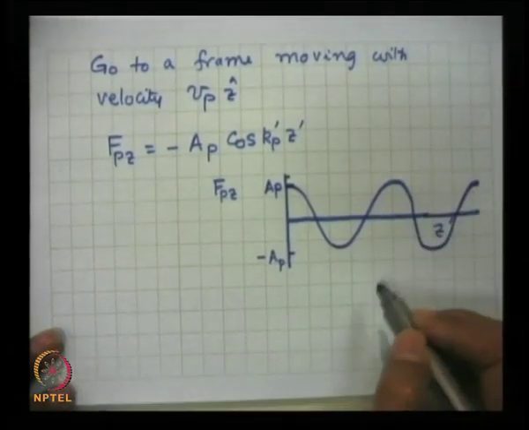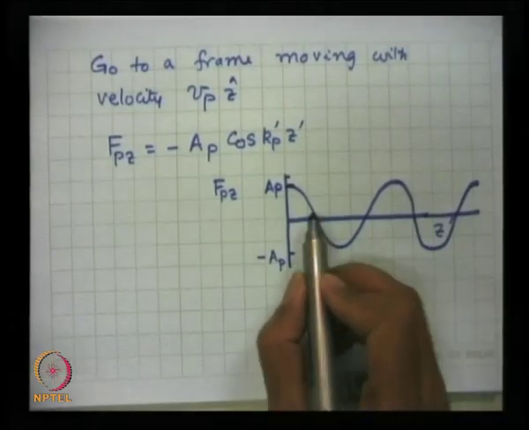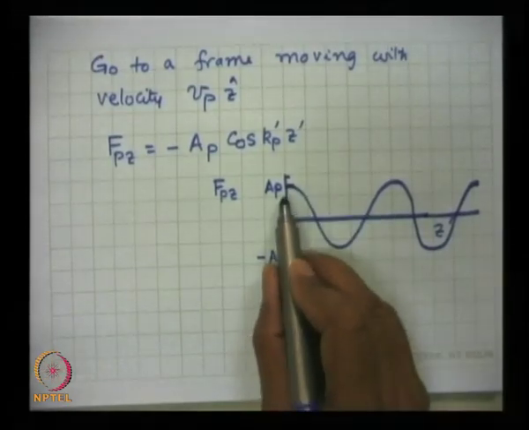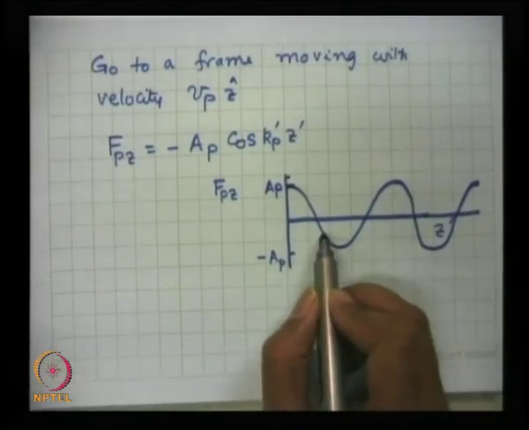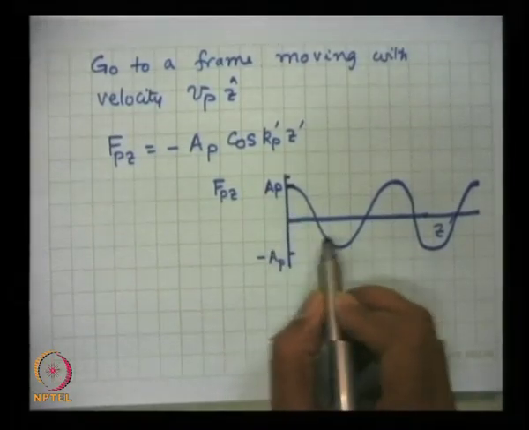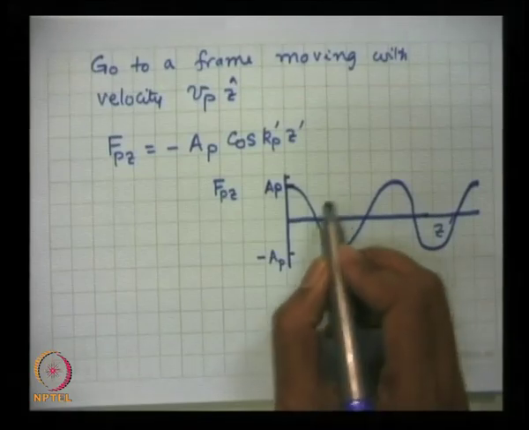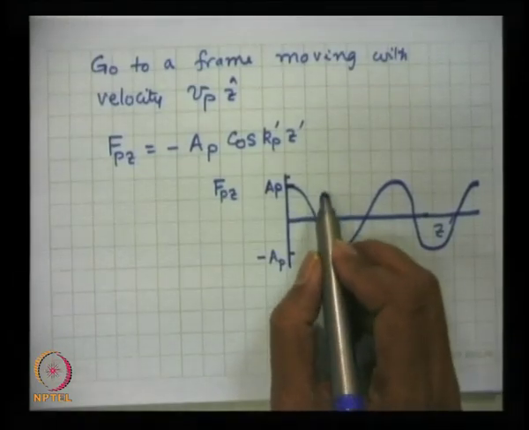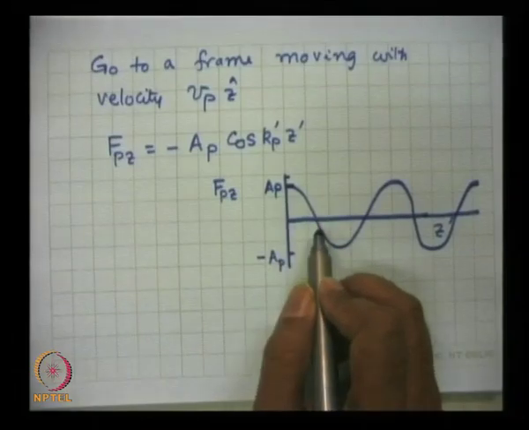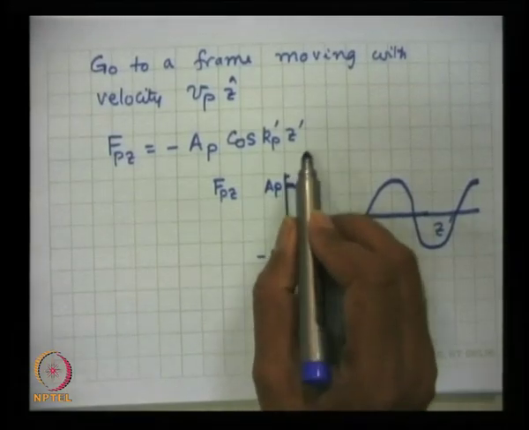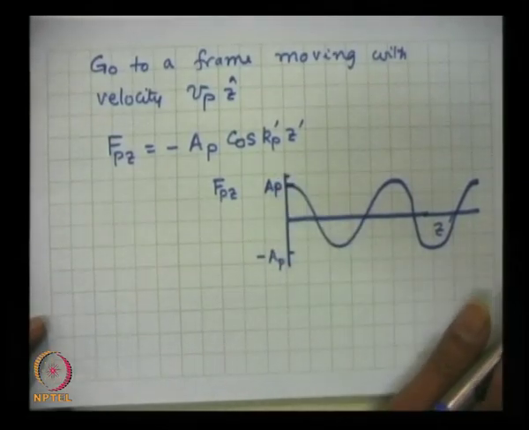You may note here that at some values of z prime, Fpz is positive, and at other values of z prime, Fpz is negative. The regions of z prime for which Fpz is positive are called the accelerating zones.